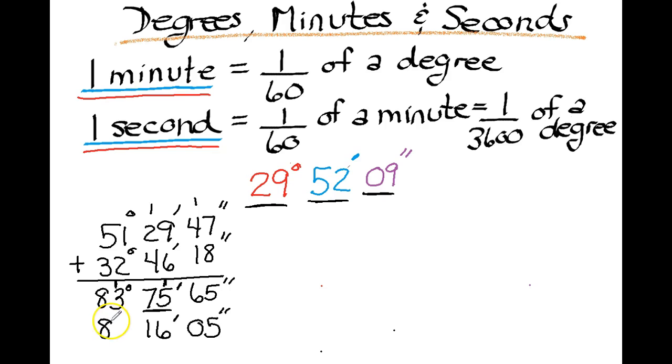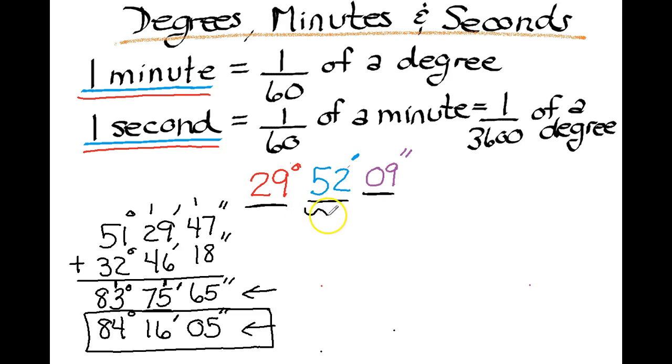So now we have 84 whole degrees. When we convert this into its simplified form, we get 84 degrees, 16 minutes, and 5 seconds. So remember, the range for minutes is 0 to 59. 60 minutes is 1 whole degree, so we have to round 60 minutes up. The range for seconds is 0 to 59 as well.